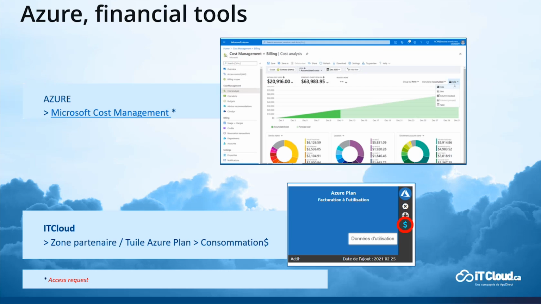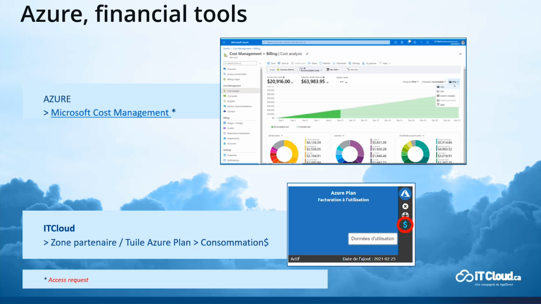The Microsoft Cost Management tool is a tool that I use on a daily basis when I help the partner understand the invoice and justify the cost of Azure subscriptions. With this tool, it's easy to highlight information that justifies an unexpected cost overrun, for example.